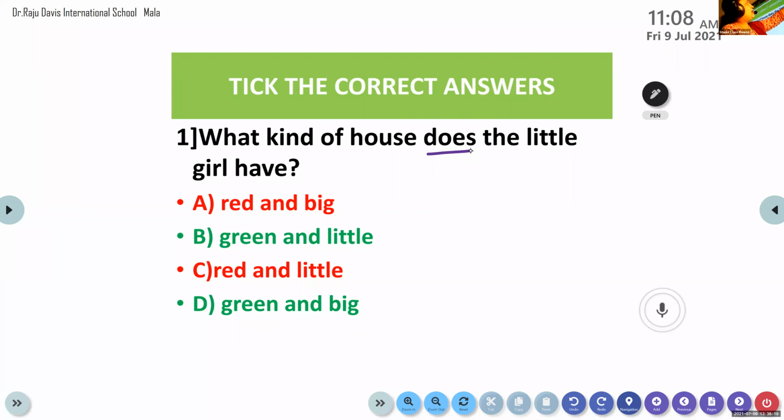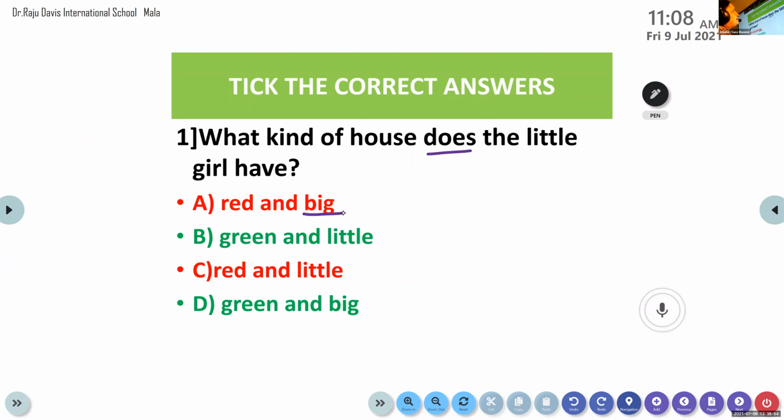Thank you. Advika, unmute. Advika, please read the options given here. Red and little. Green and little. Red and big, which word is this?